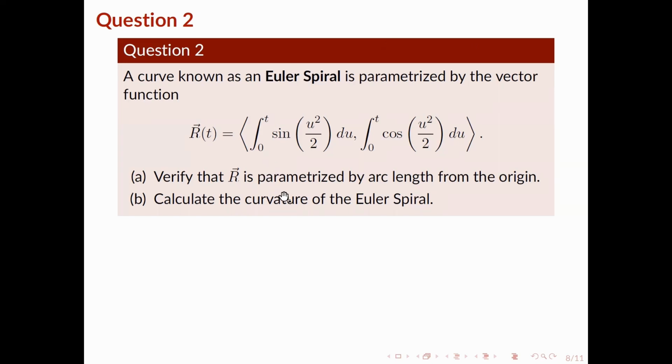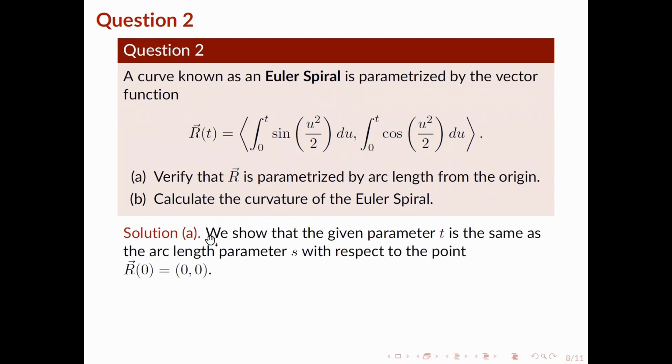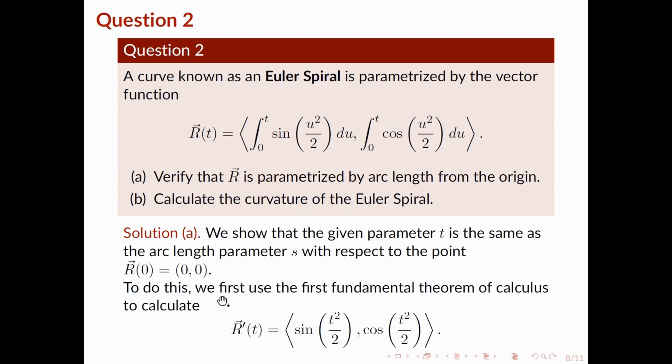Okay, so for the solution, we can show that the given parameter t is the same as the arc length parameter s with respect to the origin, which is r of 0. To do this, we can first use the first fundamental theorem of calculus to calculate r prime.